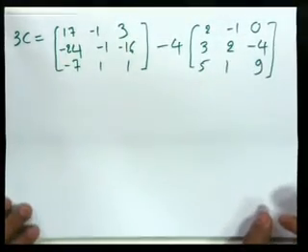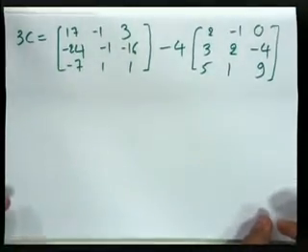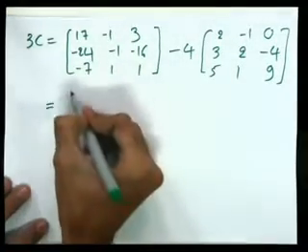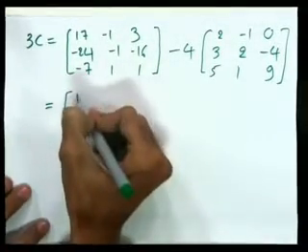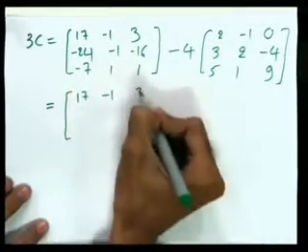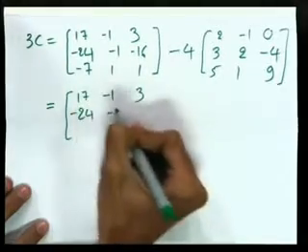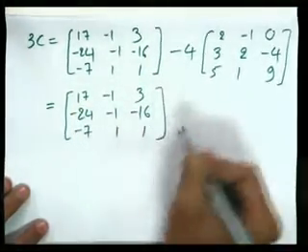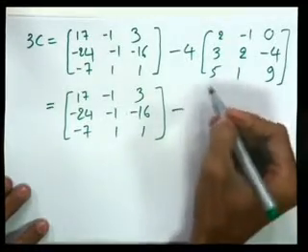So 3C is equal to B minus 4A. Here the matrix B is as it was, and we multiply the matrix A with 4.